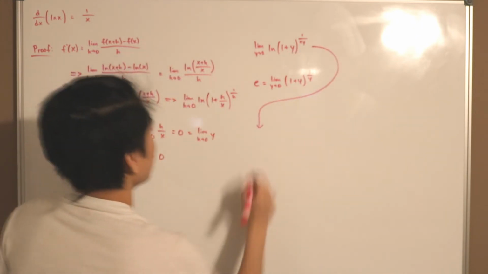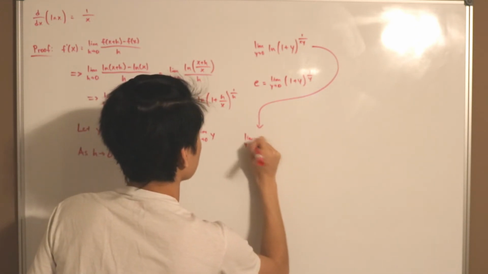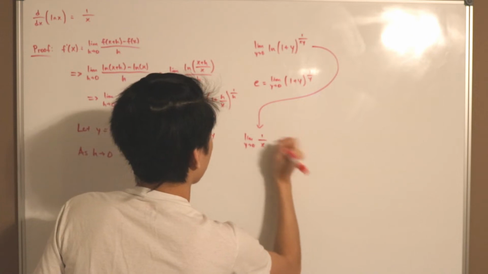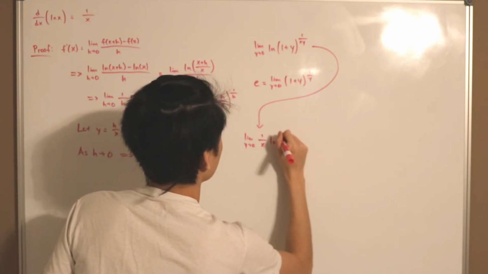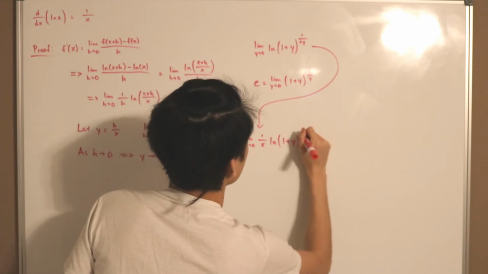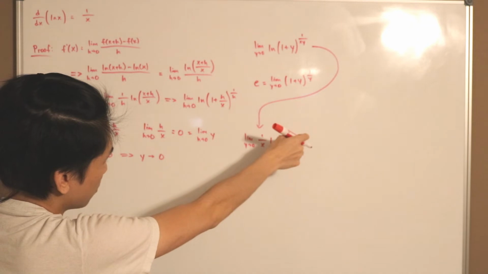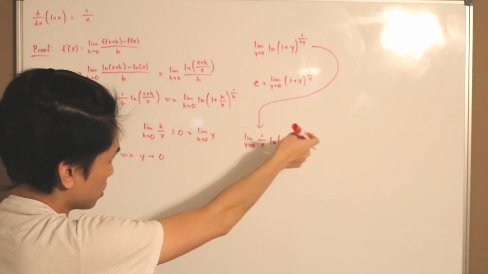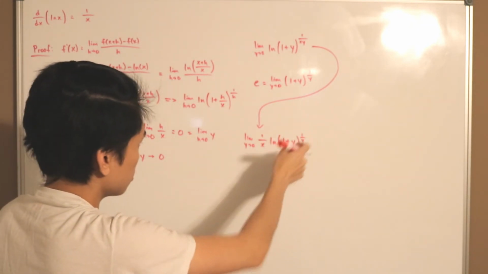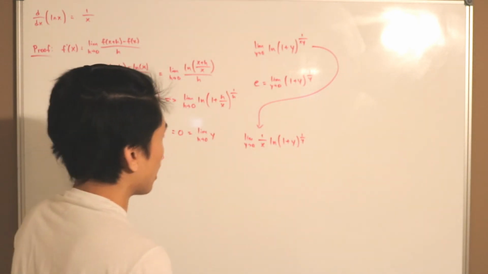In other words, this is written as the limit as y approaches 0 of 1 over x, the natural log of (1 plus y) to the 1 over y, and the 1 over y being distributed is used as the root. So it's the same thing as saying the y root of 1 plus y.